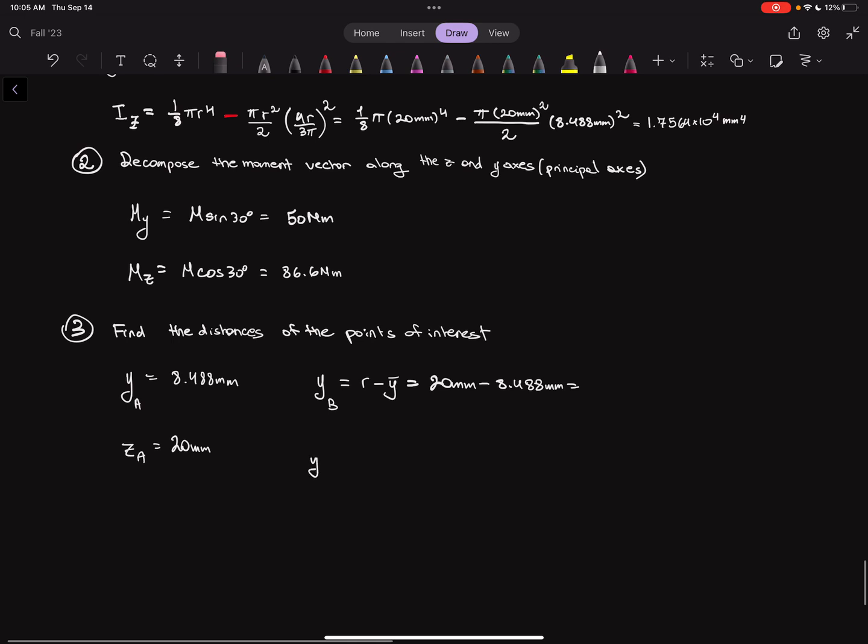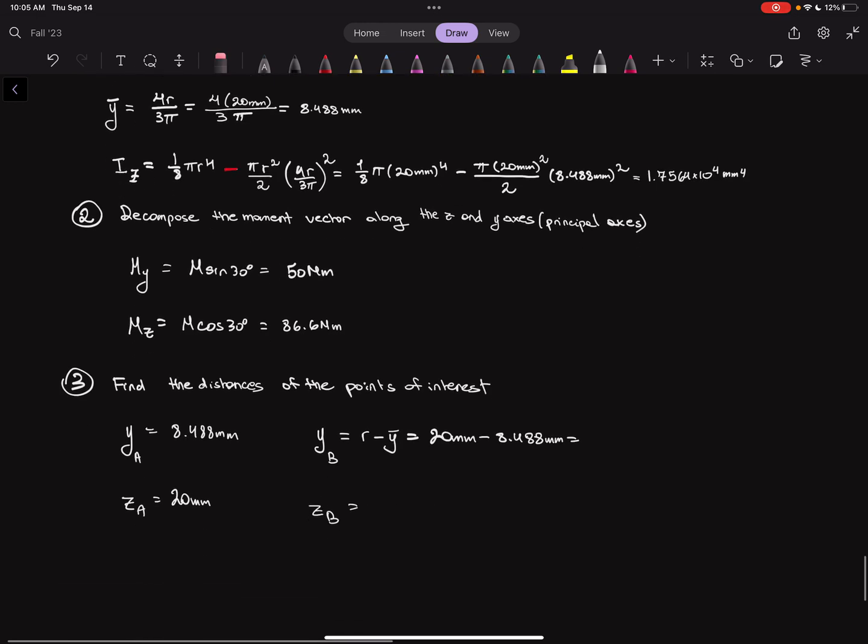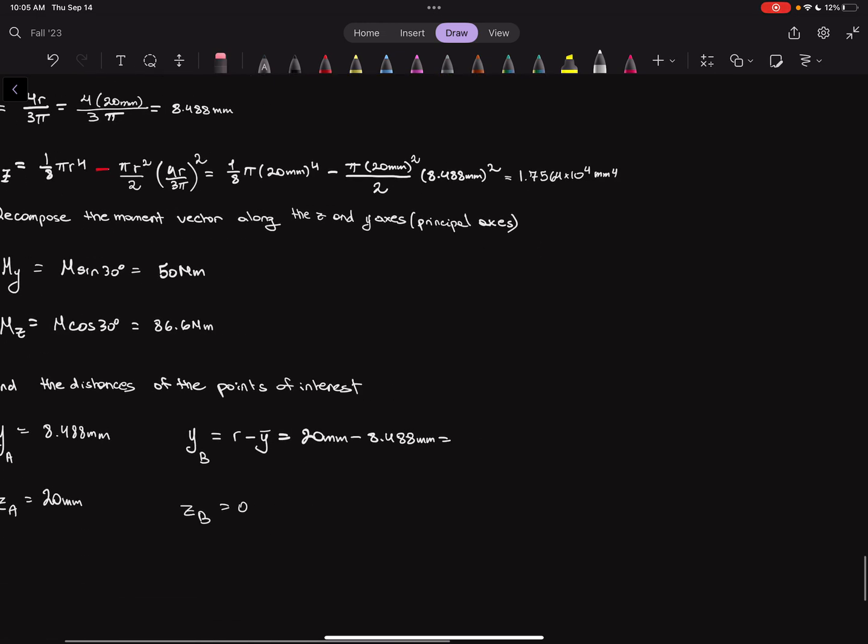And then we got more. So ZB, what is my z coordinate? Well, it's 0. But what about, okay, let's do that, minus 8.488. That's going to be 11.5 millimeters.